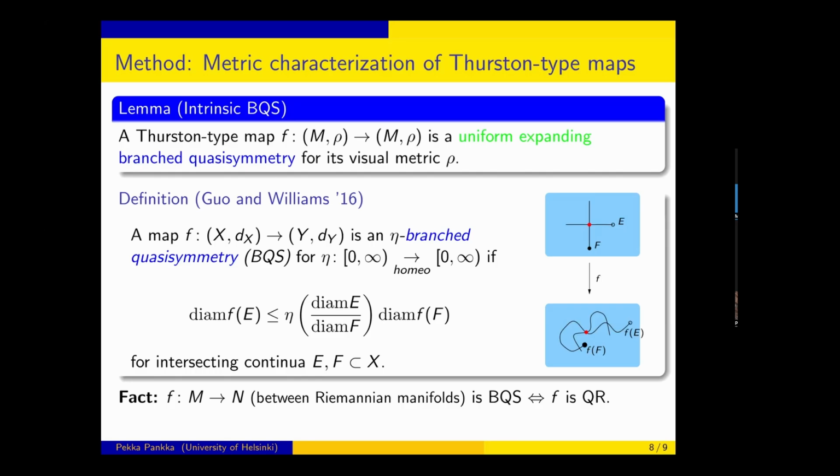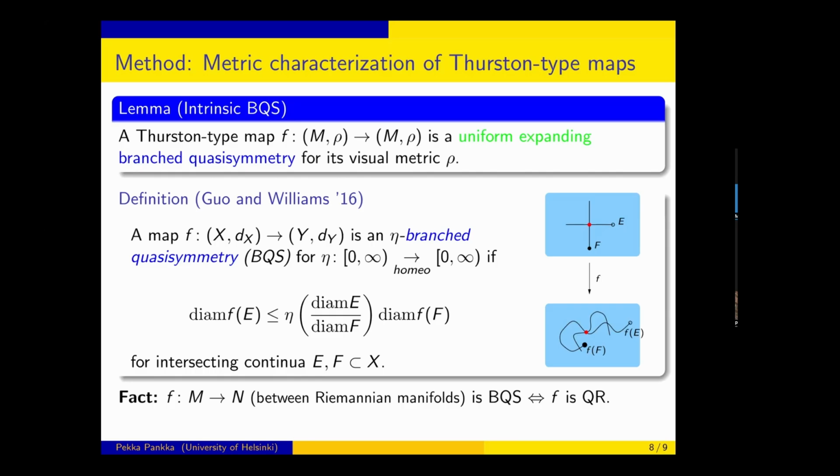Because the manifolds are smooth, you essentially go back to Rickman's book and start reading. What Gu and Williams do is this in a much more general setting with metric spaces, where they study metric quasi-regularity. Their result essentially says that in the metric setting the branched quasisymmetries correspond to metric quasi-regular maps. But this is going a little bit too far for today.